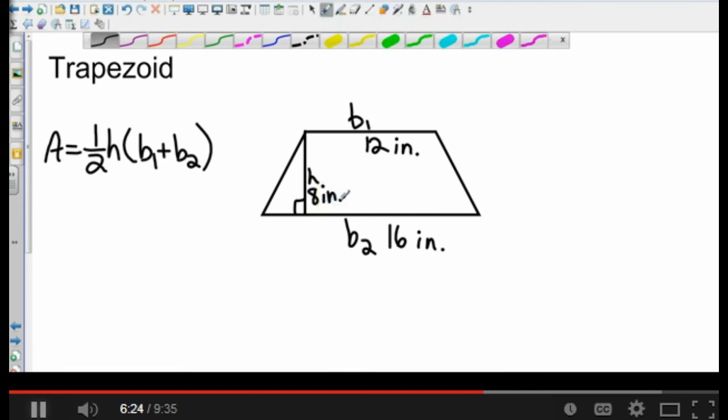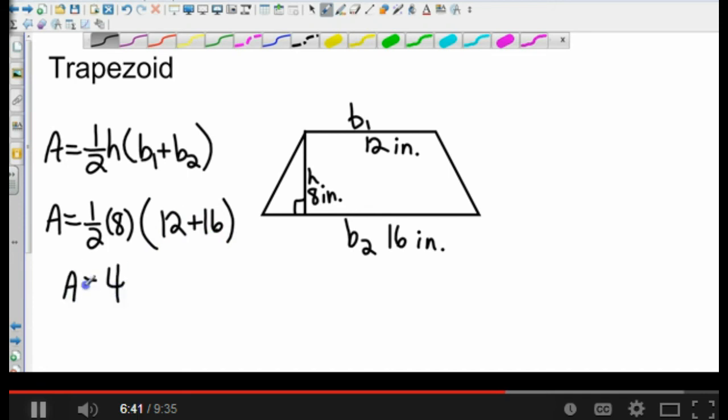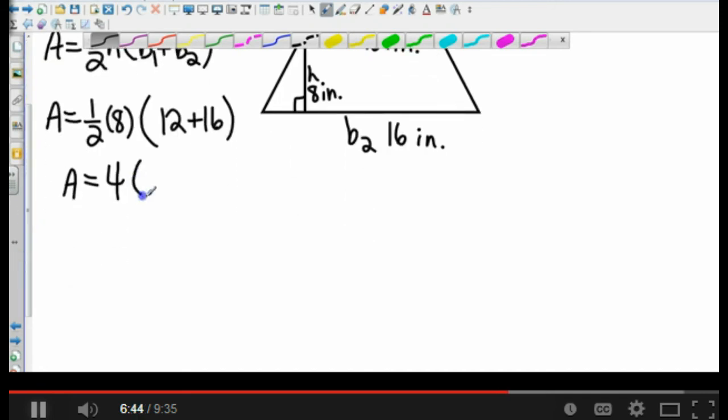Plugging that in, area is 1/2 of the height, which is 8, times base 1 plus base 2. So 1/2 of 8 gives me 4. Area is 4 times 12 plus 16, which is 28. That gives me an area of 112 inches squared.